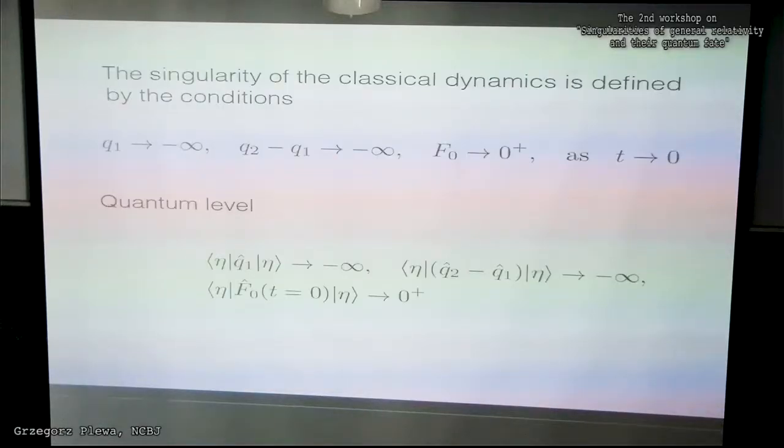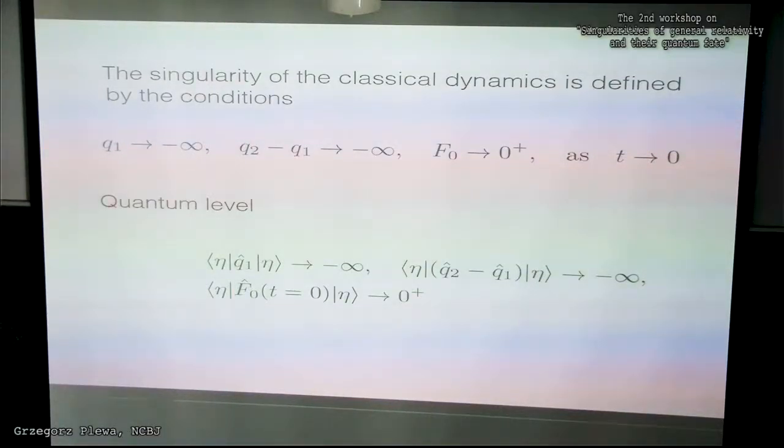If so, we have to fix the condition which guarantees our function really represents this situation. As was already discussed, at the classical level, in our language of the reduced phase space, the conditions are relatively simple. These are the requirements that Q1 and Q2 go to minus infinity in a very specific way, while the F0 function, which is also a very simple polynomial of momenta and t, goes to 0 as t goes to 0.